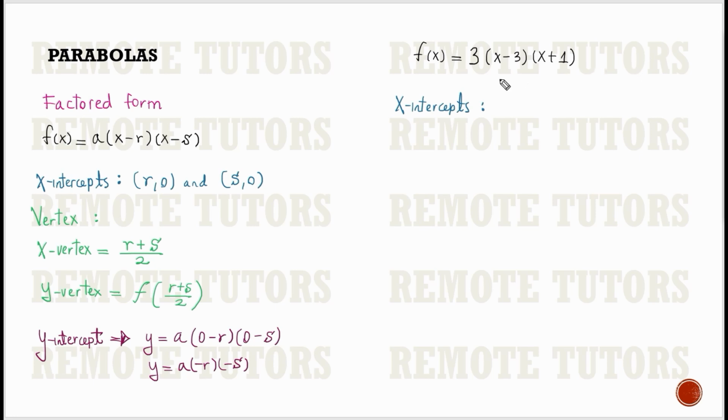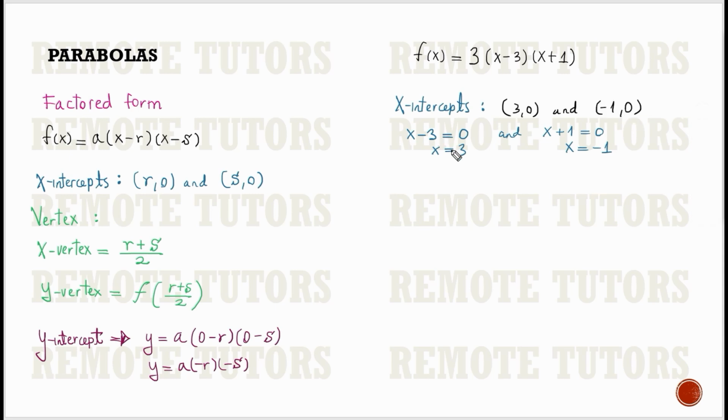First, let's start with the x-intercepts. So in order to find the x-intercepts, we will do the following. x minus 3 gives 0, so one of the x-intercepts is 3, and x plus 1 gives 0, so the other x-intercept is negative 1. So this is (3, 0) and (negative 1, 0).